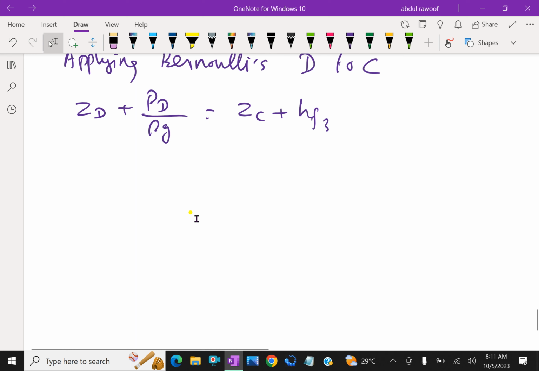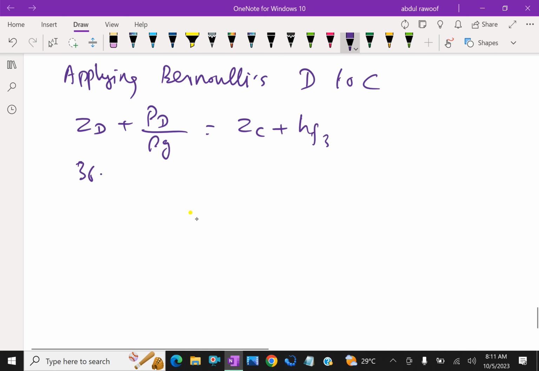Now we already have ZD plus PD over rho g as 36.482, that is the piezometric head, equal to ZC plus the losses HF3.